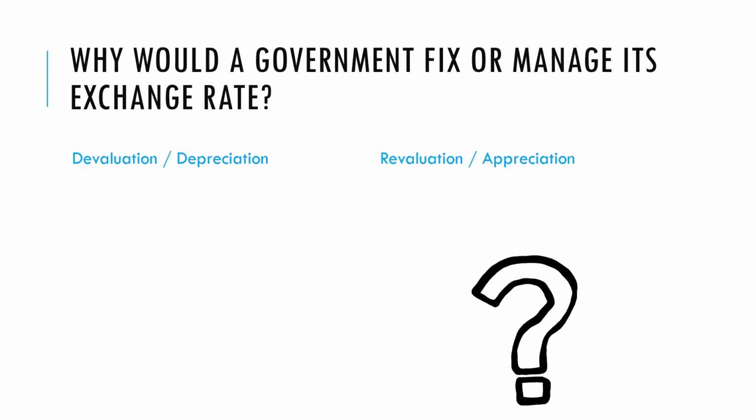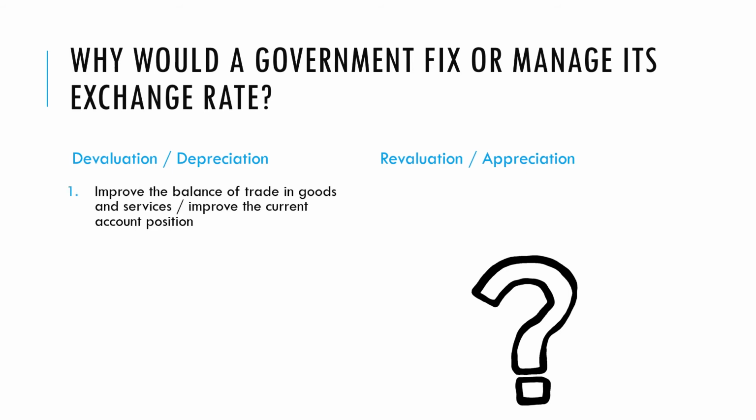So why would a government want to fix or manage its exchange rate? Let's break it down into two halves. First of all, why would a government want to devalue or encourage a depreciation of the exchange rate? Well, a weaker currency would make exports cheaper, and so potentially we'd export more and improve the current account position.